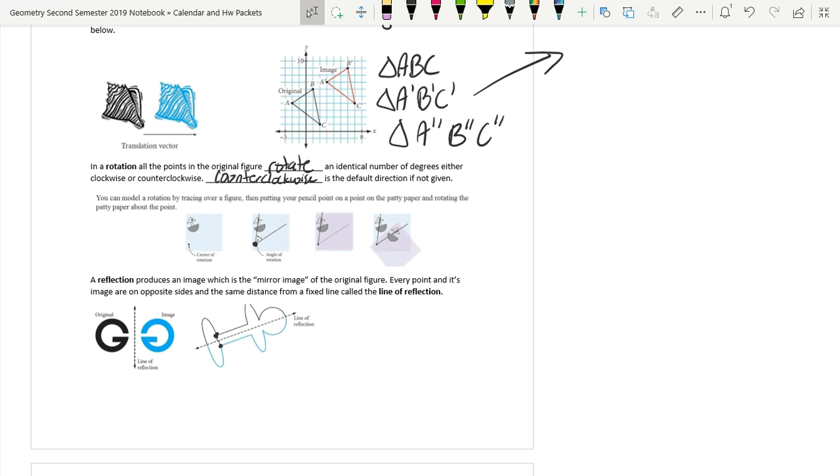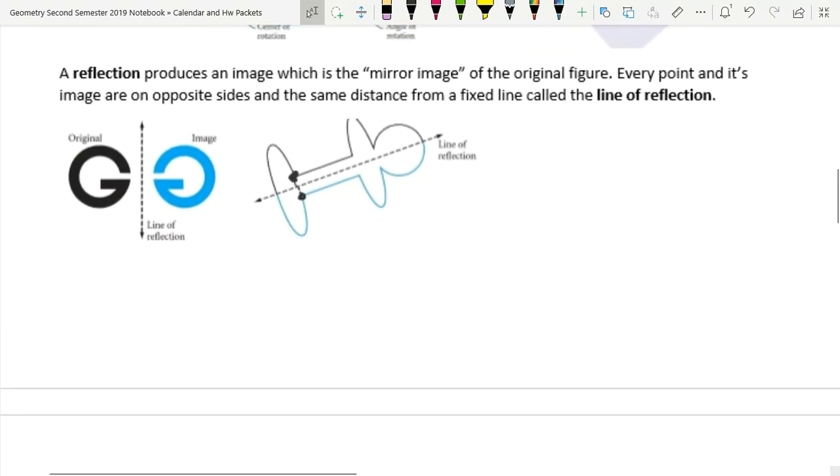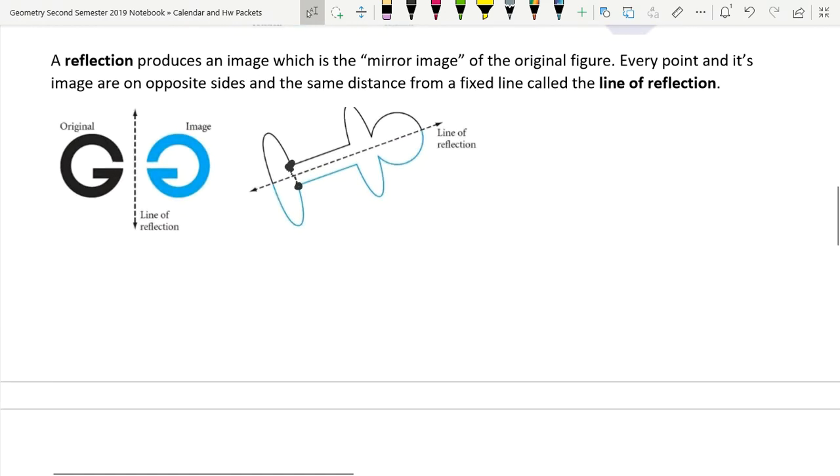Reflection produces an image. That's the third one. So reflection produces an image, which is the mirror image of the original figure. And this is key: every point and its image are on the opposite side and the same distance from a fixed line called the line of reflection.